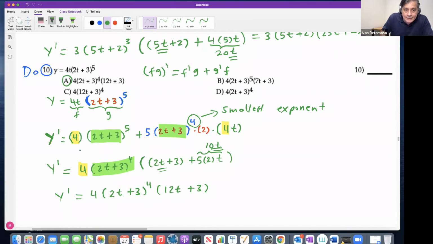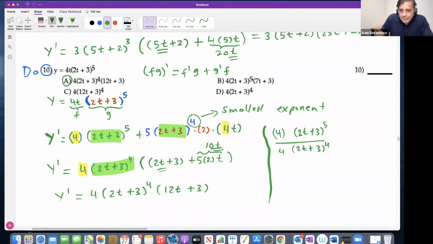I'm going to write it here on the side, okay? Well, you take this term, 4 times 2t plus 3 to the 5th power, and we're going to divide this guy into this guy. So, 4 times 2t plus 3 raised to the 4th power.